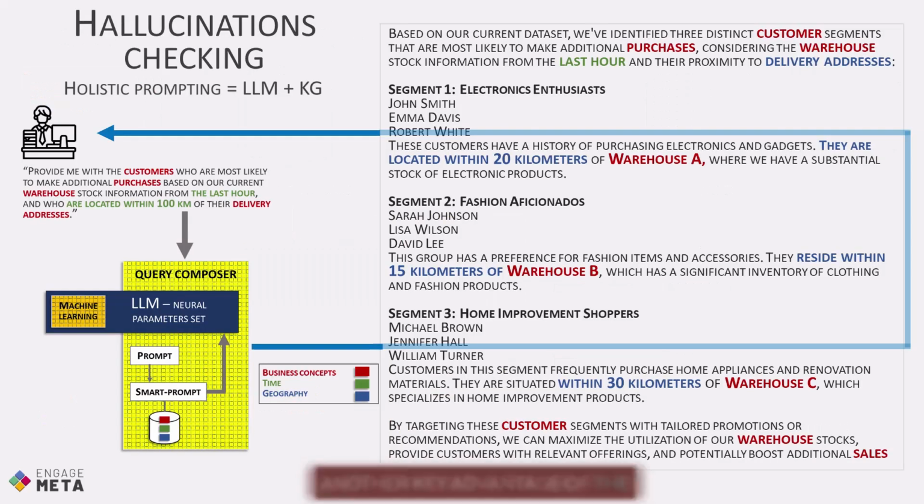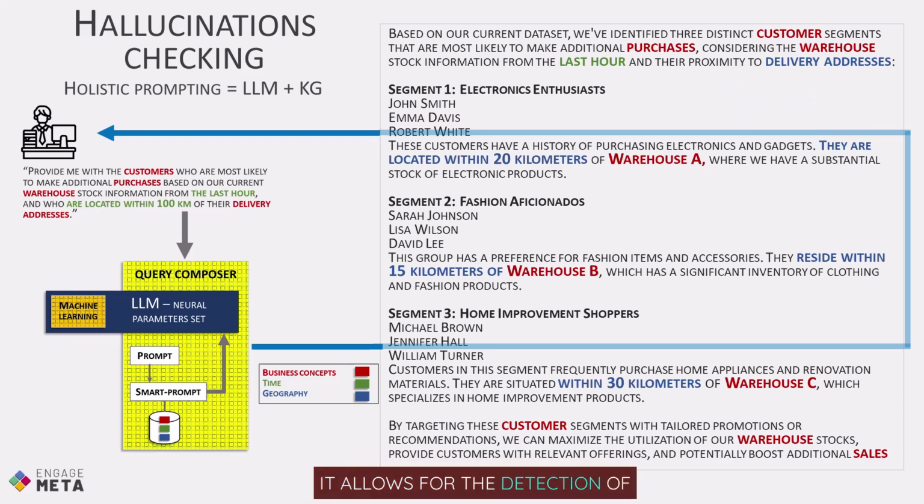Another key advantage of the query composer is the ability to check the quality of the LLM response. As you can see on this slide, the LLM-generated text includes some formal references to the business concept in red, the time management in green, and the geography in blue. Therefore, the composer can easily fetch the databases to check if the response is reliable against the actual data within the information system.